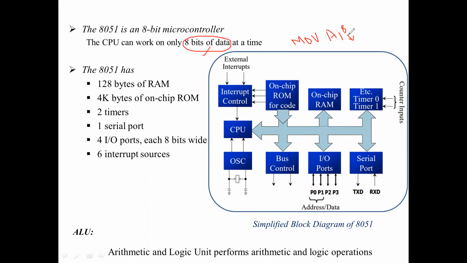Inside B, for example, I have a numeric value which I want to move to the A register. Simple operation. For example, I place 9. 9 is the numeric value which I want to move to A. So in memory, this will have certain 8-bit data.